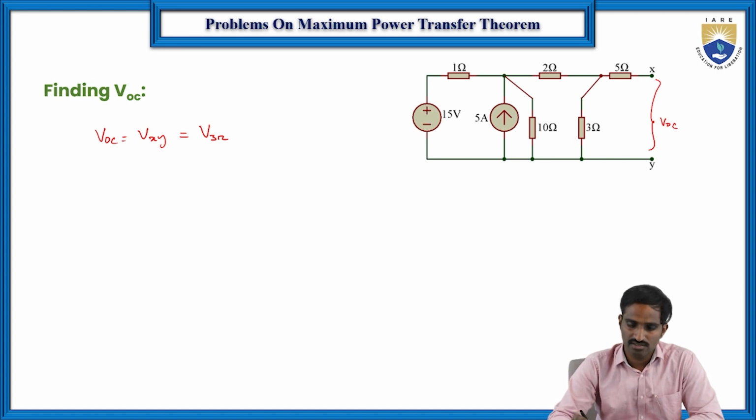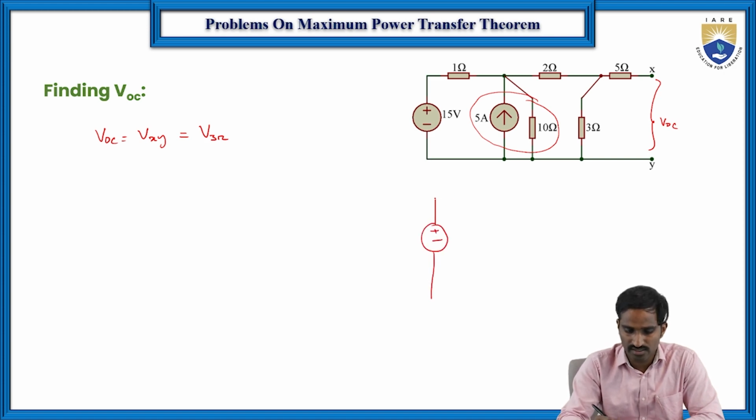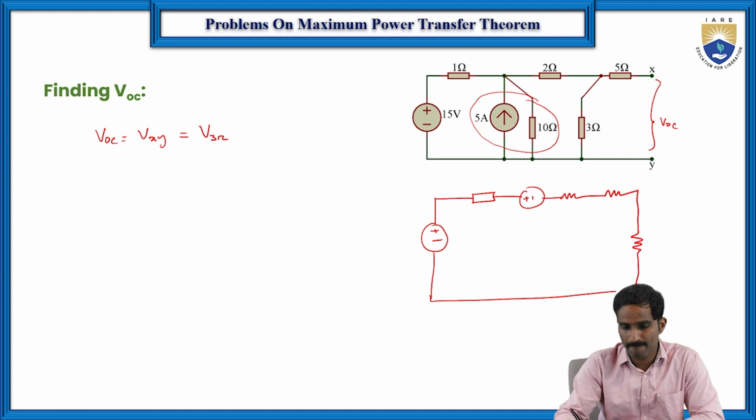So one thing is, as you can see, this current source can be transformed into a voltage source. So let me draw the circuit here. This is plus and minus. Here let us consider again the same 1 ohm. In this way it is flowing, so that's why here it is also plus and minus. And then the internal resistance is there, and here 2 ohms is there, and here 3 ohms is there, right?